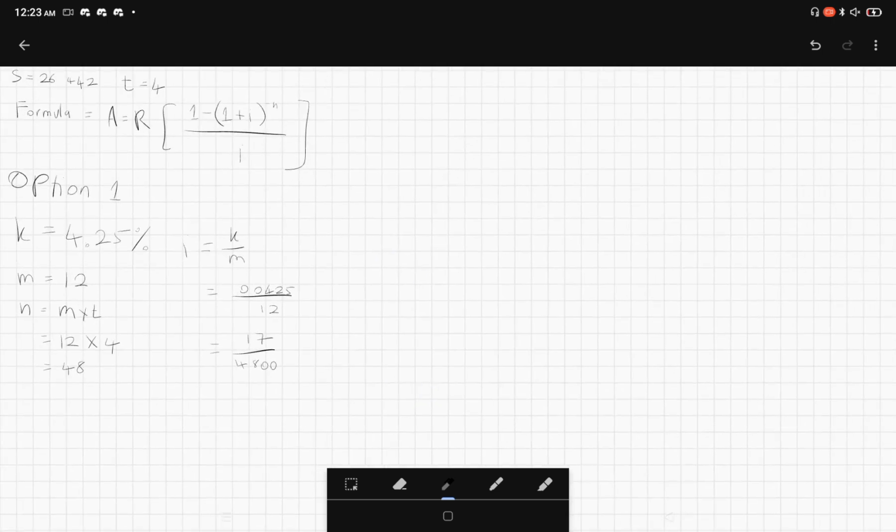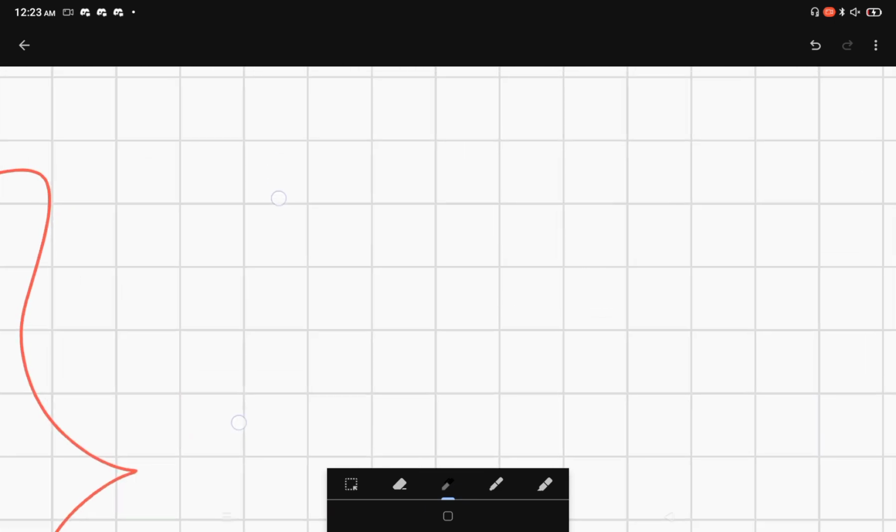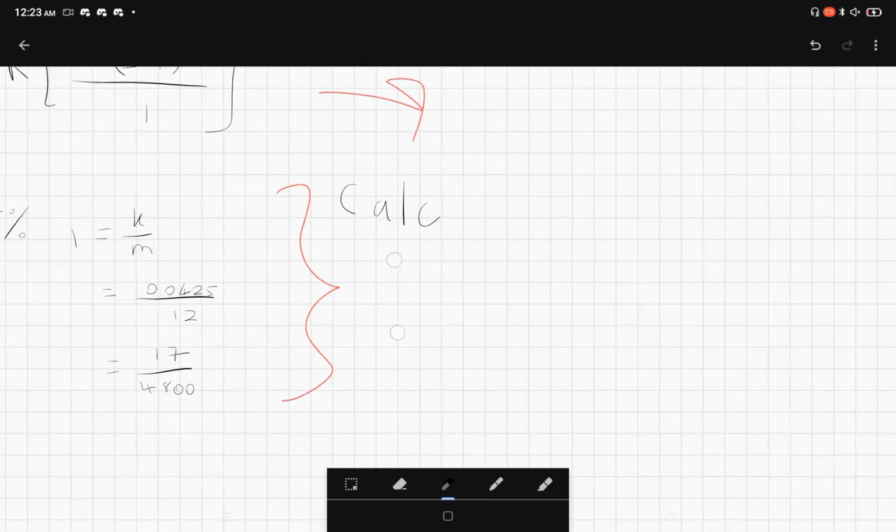So now we will enter all of this in the formula that is given above, which is this one. This is the formula. So let's look at the calculation.